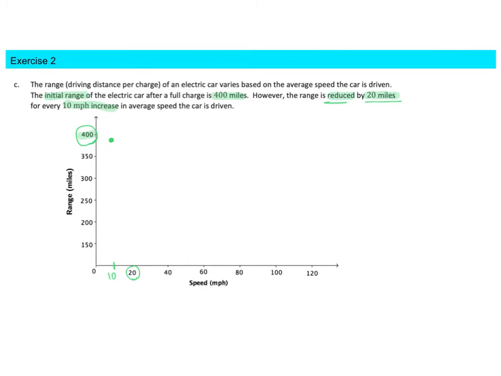So it would be, well, 380 minus 20, 360. Okay, and it's just going to keep decreasing at this rate, right? The faster you go, the more electricity you're using, and the less charge your car is going to have. It's decreasing. All right, moving on to our next part.